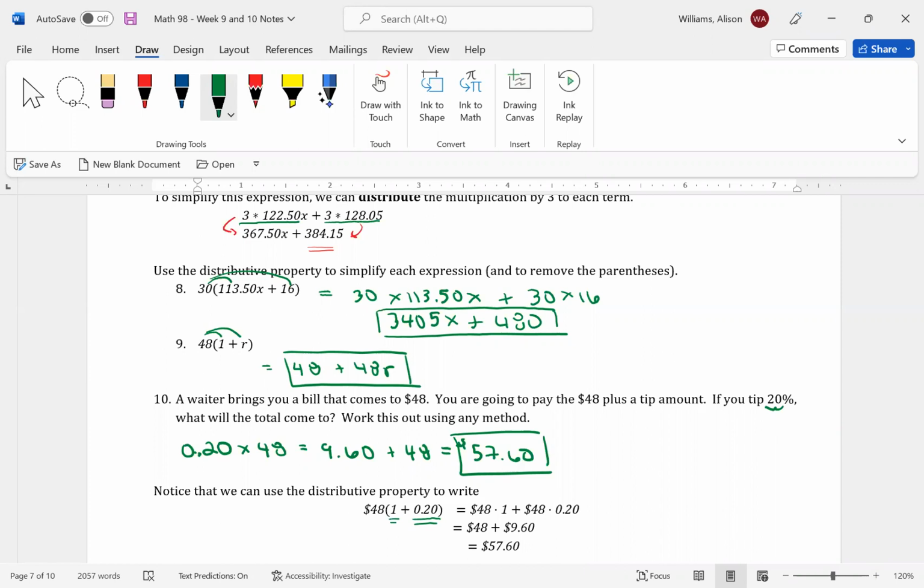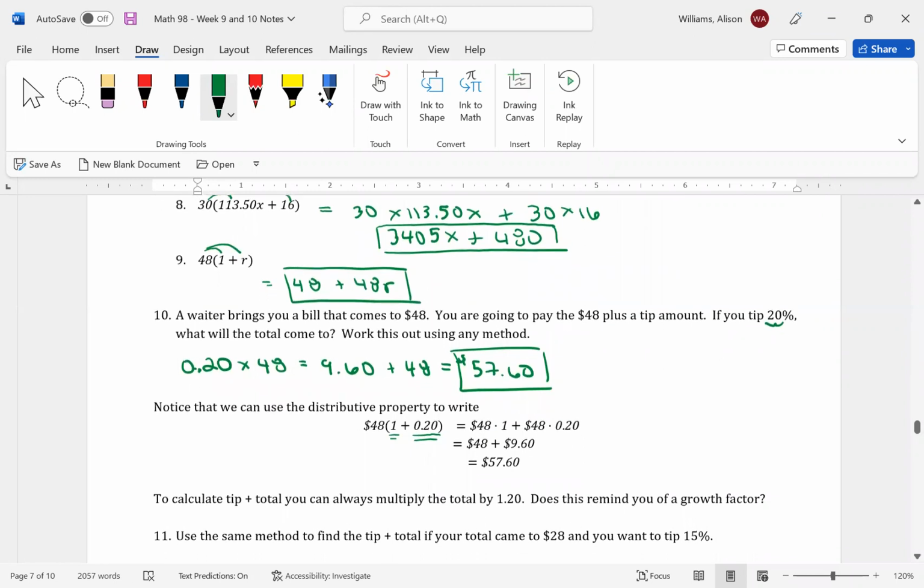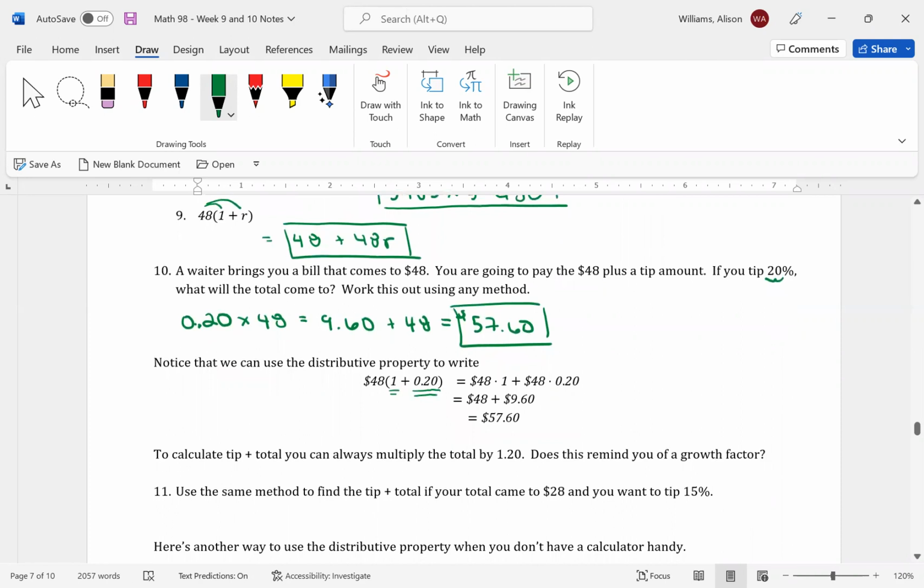So we could have written it as the distributive property. So we can always calculate a tip by using 1.20. In other words, they're just taking 48 and multiplying it by 1.20. That's representing the 100% is the amount you're going to pay for the meal plus 20% on top of that. That's where those numbers are coming from.